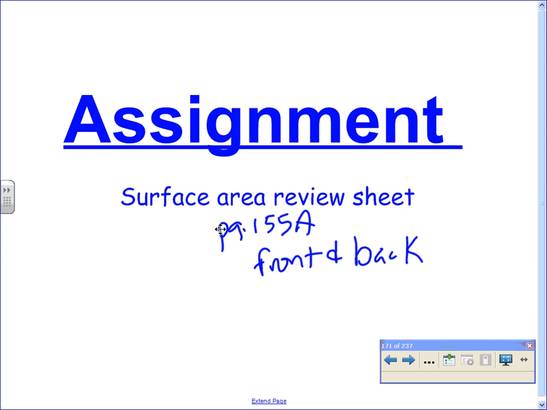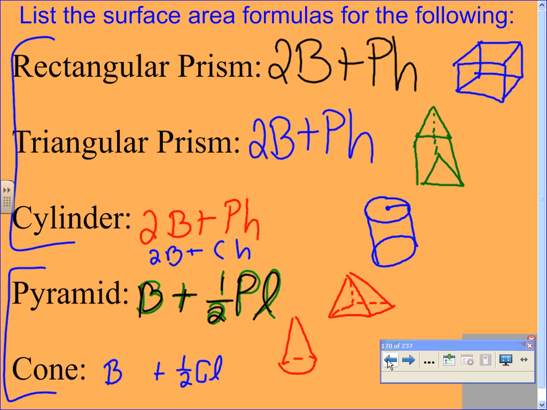Yes. Yep. Yep. Any other questions? Okay, so 155 back and front, there are 18 problems. I'm going to keep the screen up here. I'm going to stop the recording. You guys can work. If you need me, let me know. If you want to work with someone, that's fine. This is your homework, okay, due tomorrow.